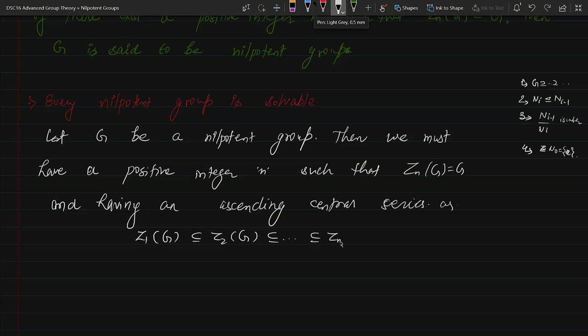We have Zn(G), and that is equal to G. So our series terminates here.